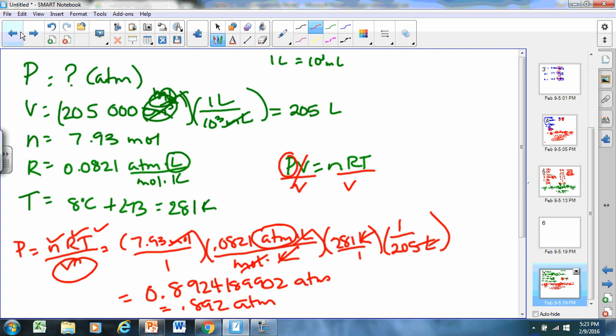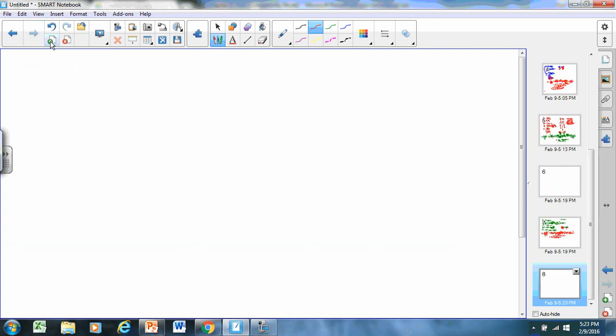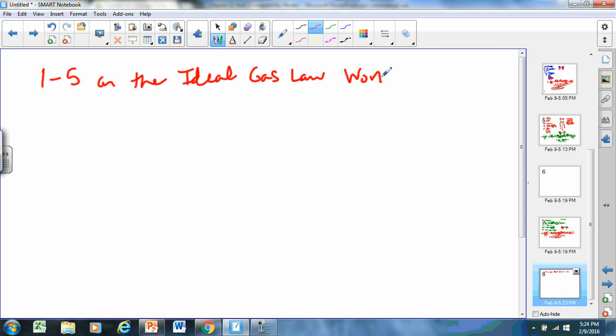All right, last thing. You're going to get a worksheet called the Ideal Gas Law Worksheet, and it has 10 or 11 problems on it. I can't remember how many. I want you to do only 1 through 5 on the Ideal Gas Law Worksheet.